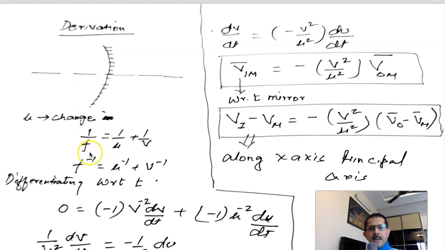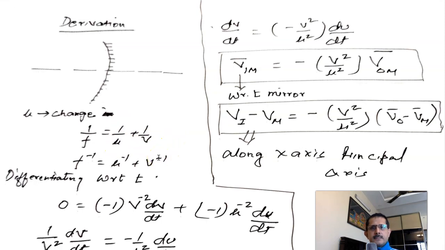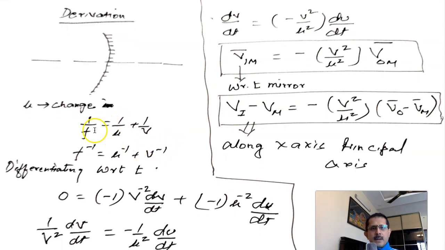Now we know 1 by f is equal to 1 by u plus 1 by v, or we can write it in this way: f to the power of minus 1 is equal to u to the power minus 1 plus v to the power minus 1. Now we are differentiating with respect to time.